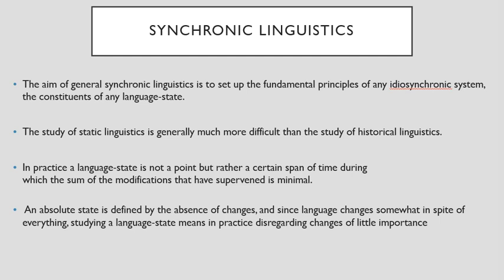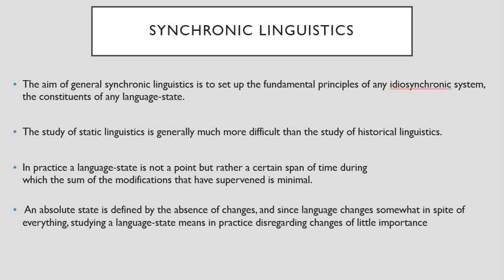It basically means that when you have a language state, a language at a short span of time without a change, you go through the related elements in that language. You go through the idiosynchronic system. It means one language at one time, and you study those things. That's the goal of synchronic linguistics.